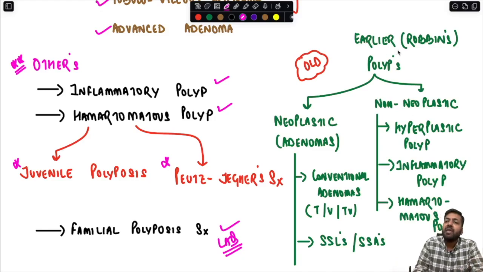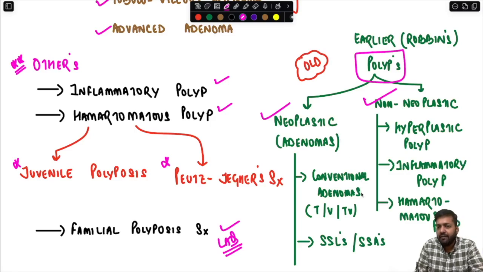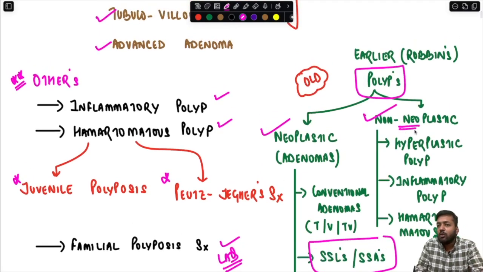Earlier, in Robbins, the polyps were divided as neoplastic, that is the adenomas, and non-neoplastic polyps. Under the neoplastic heading, you had the conventional adenomas, that is tubular adenoma, villous adenoma, tubulovillous adenoma, and you used to have sessile serrated lesions or sessile serrated adenomas. Whereas under the non-neoplastic heading, we used to have hyperplastic polyp, inflammatory polyp, and hamartomatous polyp.